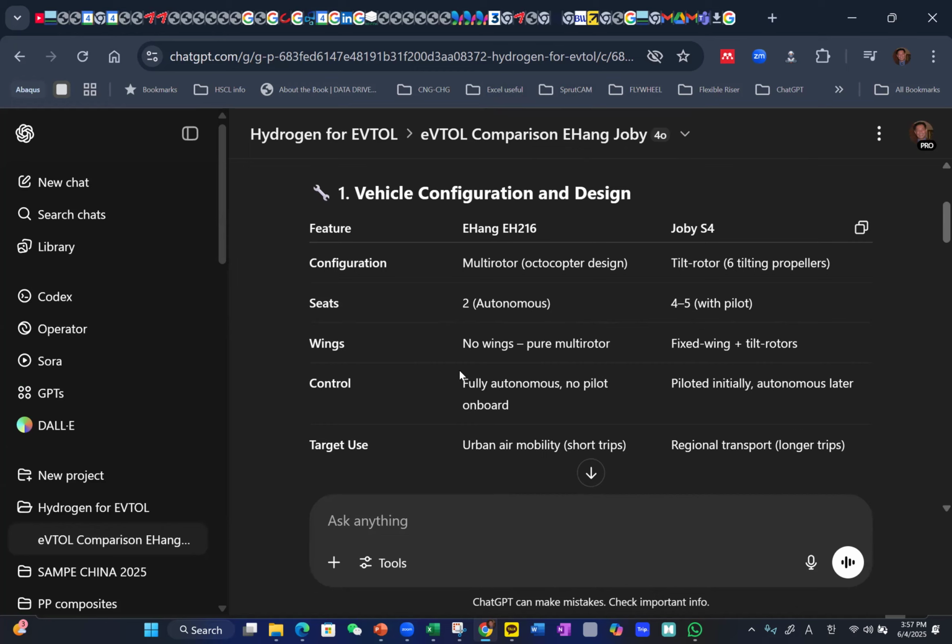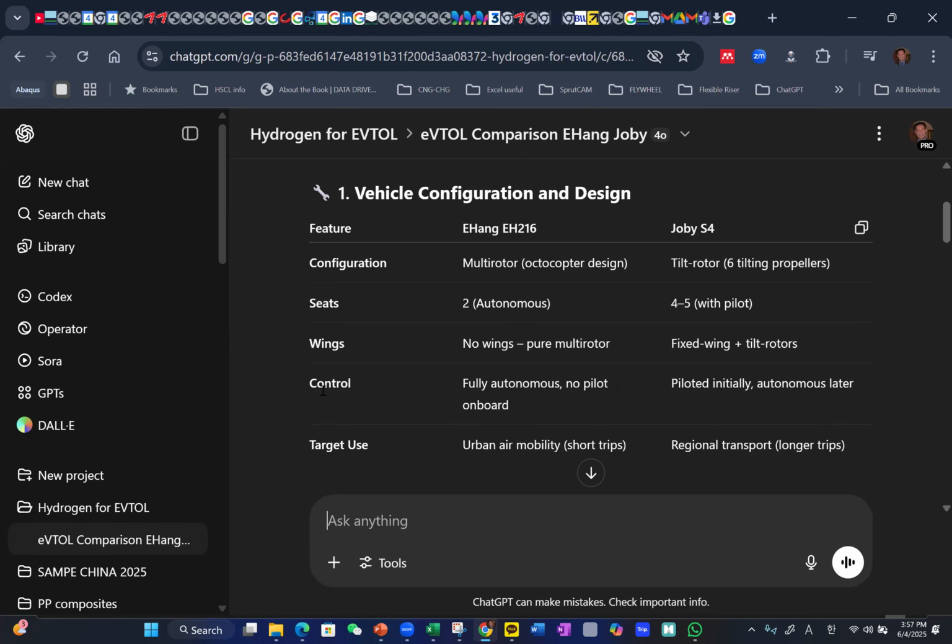And wings: there are no wings in EHang, just a pure multi-rotor. And the Joby S4, the model is S4, has a fixed wing. The direction of the wing is not changing, but the rotor is tiltable.